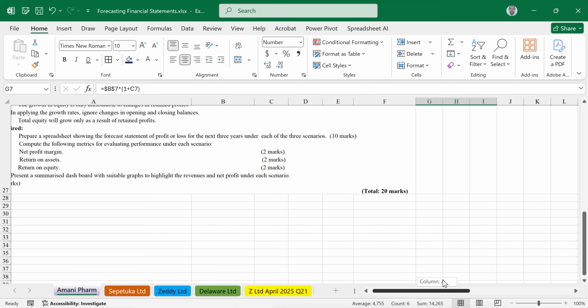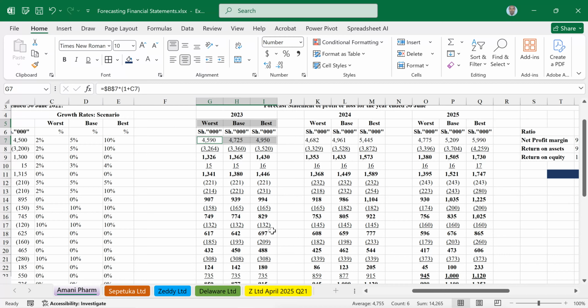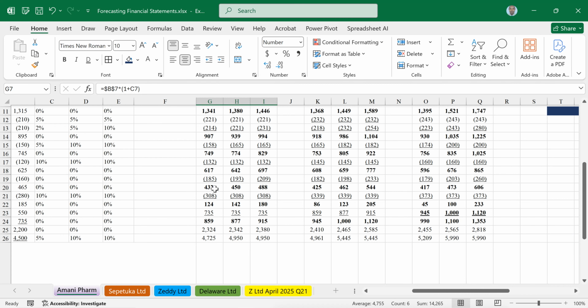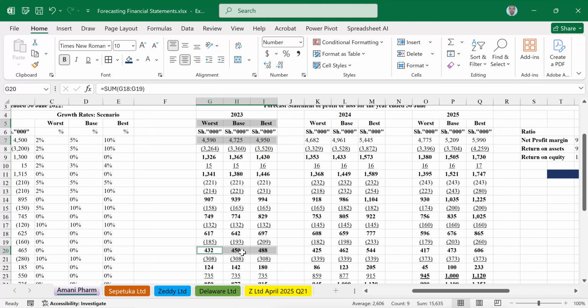So I've picked the scenarios, then I've picked revenue, control key held down, then profits. The profit for the year, control key down, and you also pick this. Then you do a chart for those three items.